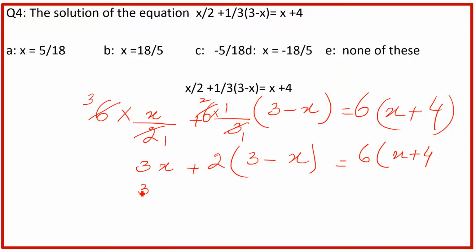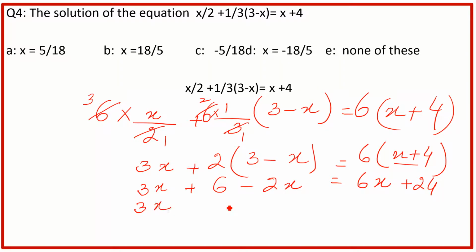The next step is to multiply this 2 with this parenthesis, because we have 2 in front of it. 2 times 3 is 6, minus 2x, equal to, again you have to multiply this parenthesis by 6, which gives 6x plus 24. Now we will keep x on the left hand side. This is negative 2x.